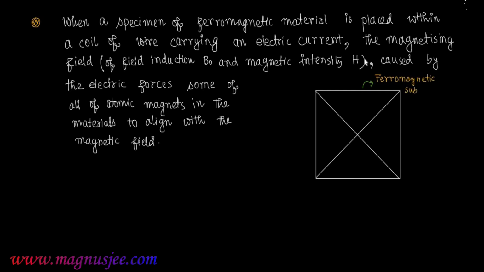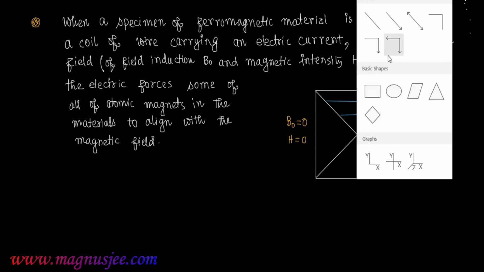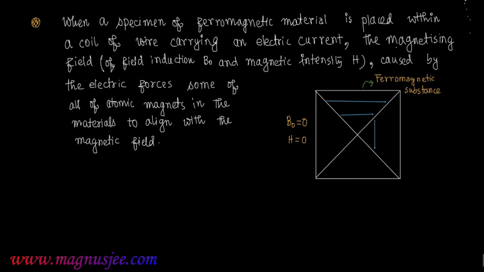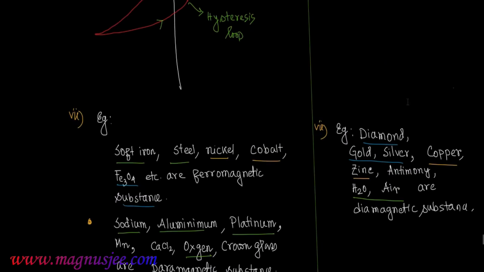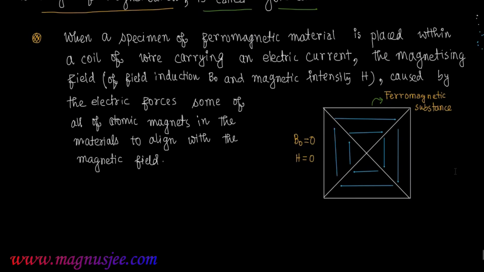This is a ferromagnetic substance in which there are four domains, and initially B0 is 0, that is external magnetic field is 0, magnetic intensity H is also 0, and these straight lines are atomic magnets which are aligned in this direction. There are four domains in which atomic magnets are aligned in different ways.